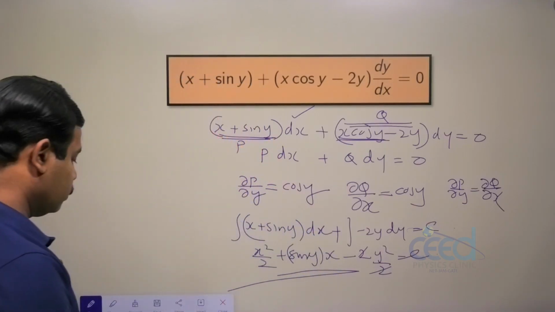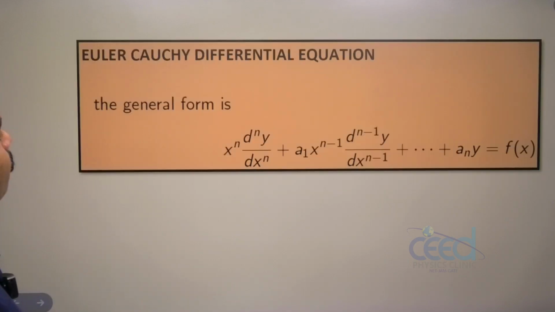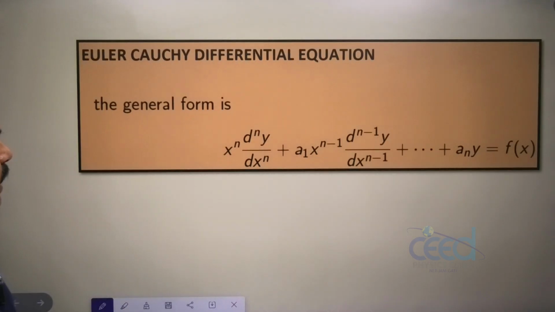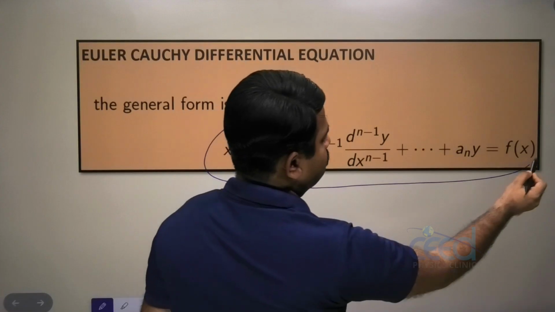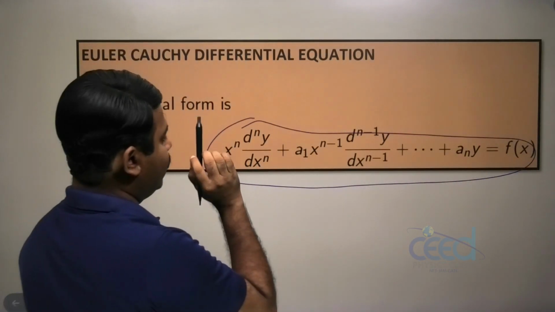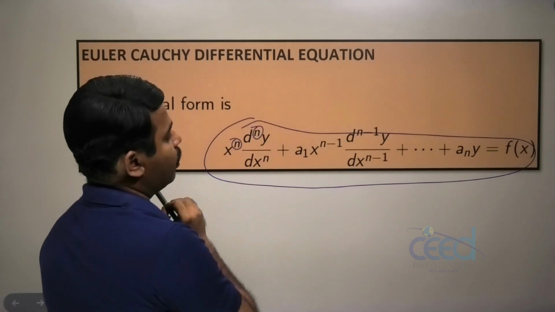Now let us go to another kind of differential equation, that is the Euler-Cauchy differential equation. This differential equation is like this: if x power n comes here, the derivative power is also n.